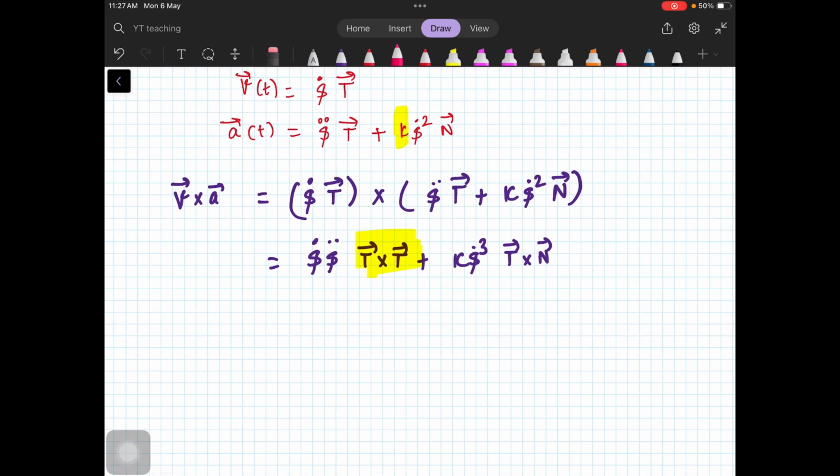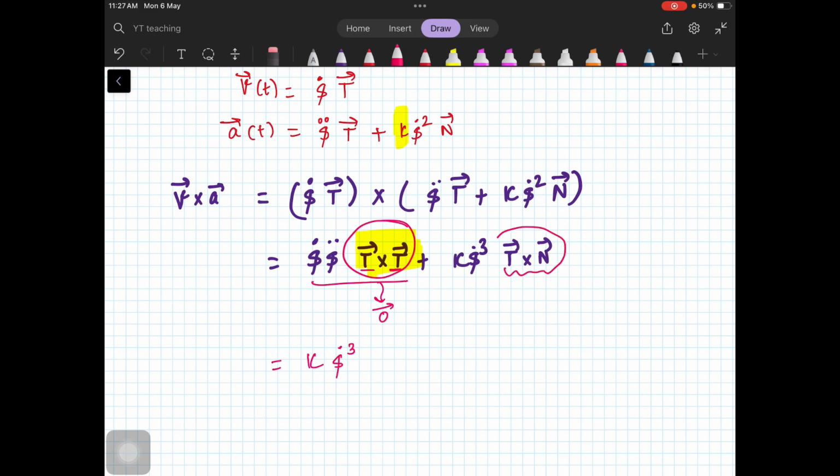You can write in the comment box. This is a 0 vector. Why? Because these are the same vectors, so the angle between them is 0, so sine 0 is 0, and the magnitude of this vector is 0, and hence the vector is 0. So the first term is gone, and we are left with kappa s dot cube.